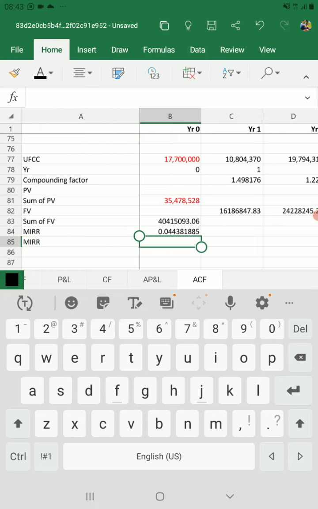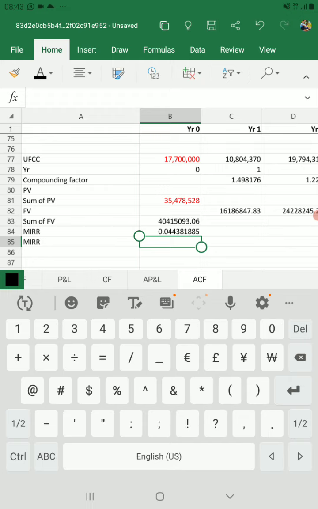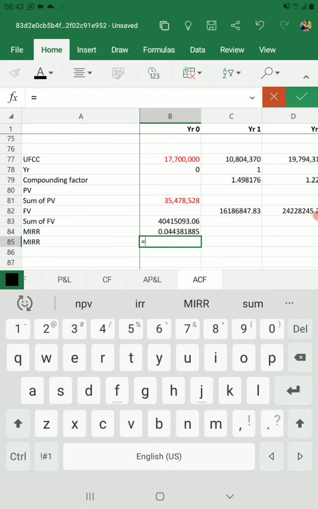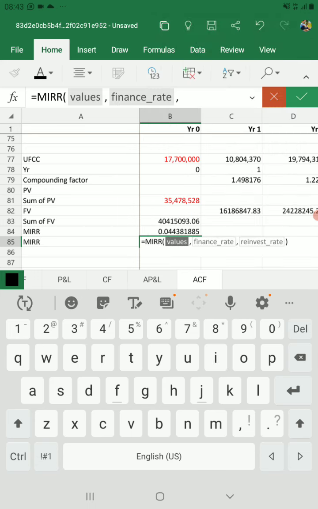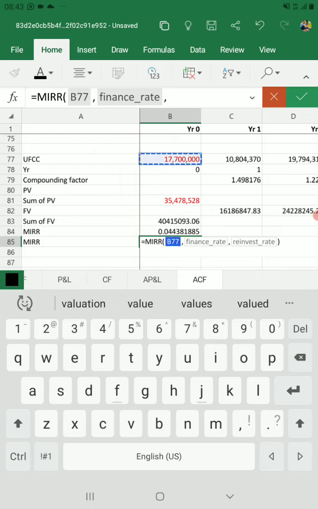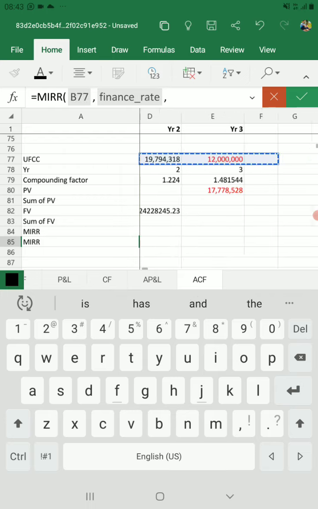using Excel formula now, which is, start with equal sign, type MIRR, this one, I picked this one. So we start with values. As usual, we pick them from unlevered free cash flow, which is from here to here.